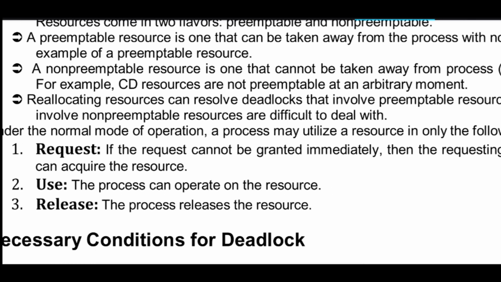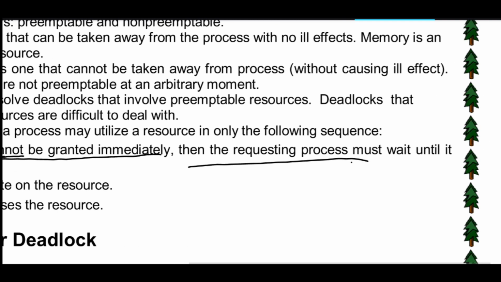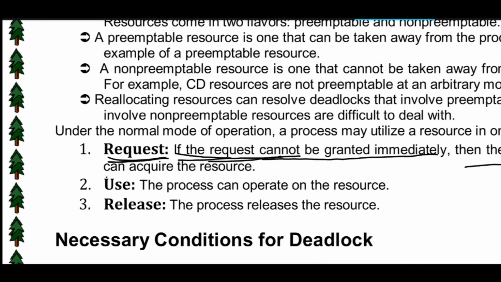Then the operations. One is request. Request means a process is requesting some resource, and after it gets the resource it will execute, then after it executes it will release the resource. If the request cannot be granted immediately, then the requesting process must wait until it can acquire the resource.